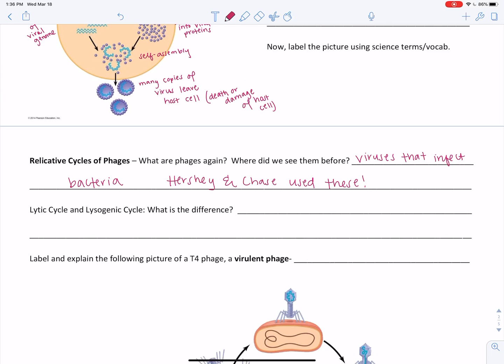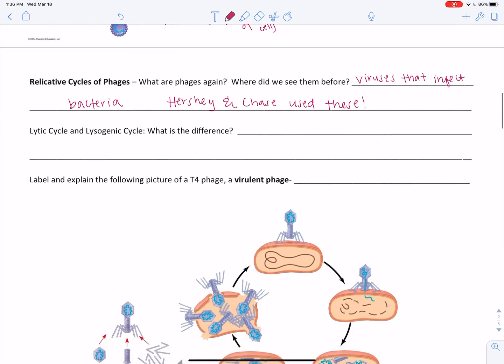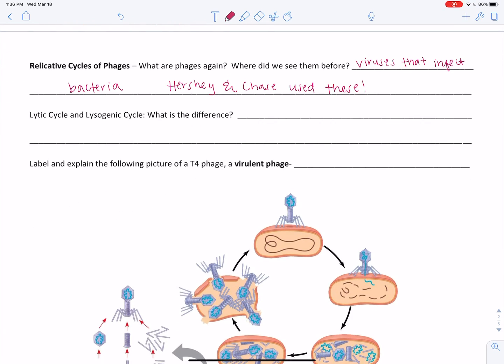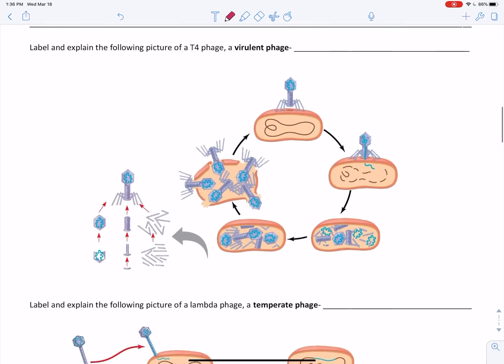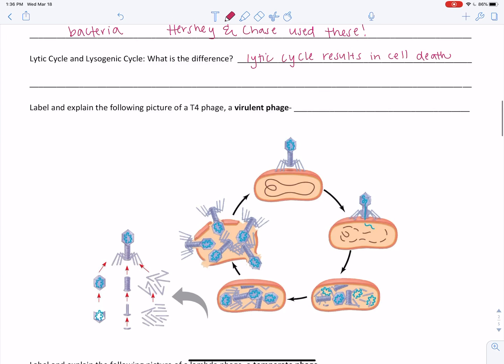And so bacterial viruses, bacteriophages, have two cycles, depending on what they do. If they kill the cell, then it's a lytic cycle. But if it does not kill the cell, it's a lysogenic cycle. So we'll start with the lytic cycle.